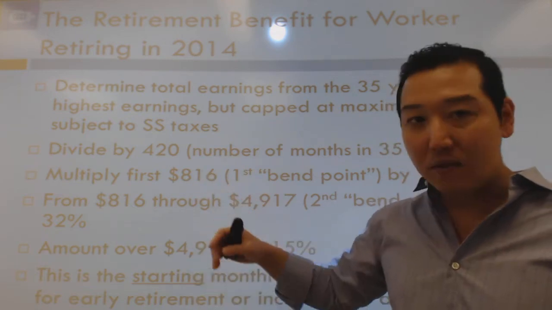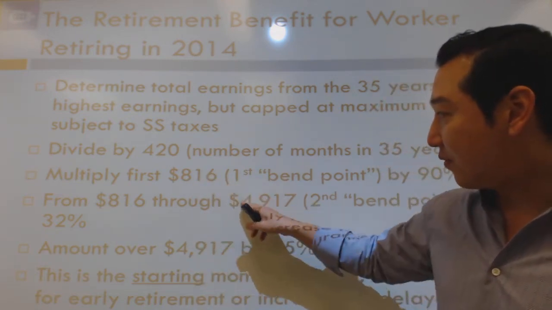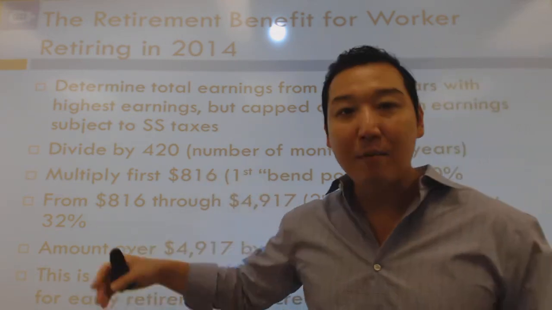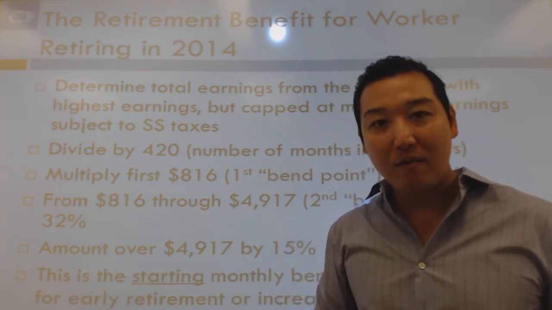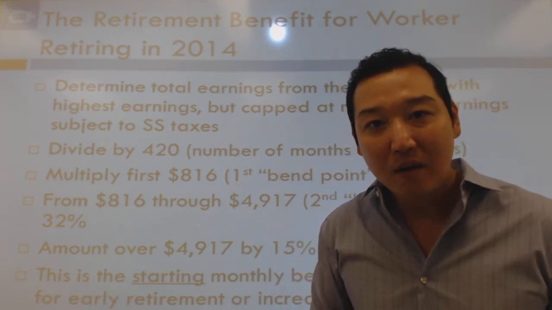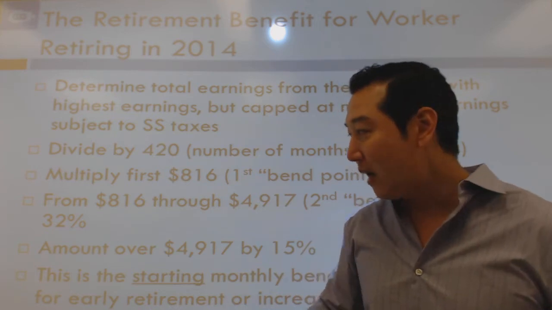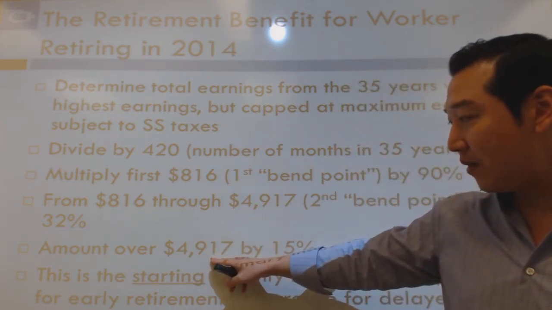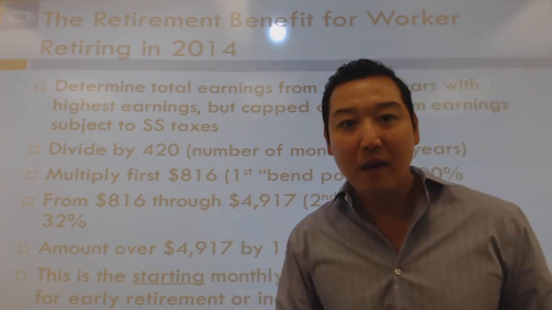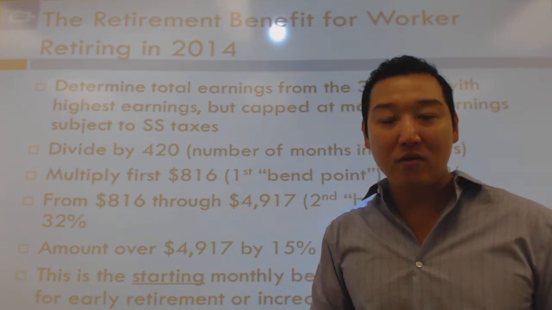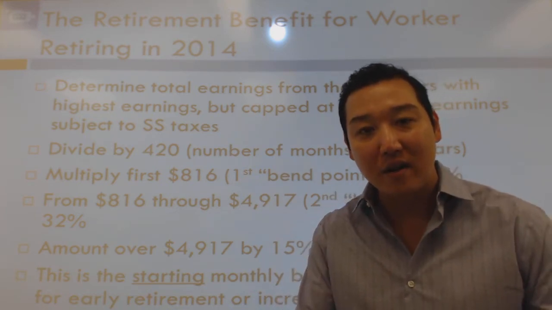And so you're going to receive back, in the way of the benefit, 32% of earnings between those two bend points. And then finally, anything that you earn above this last bend point here, you're only going to get back 15% of that amount. So summarizing this section, right?